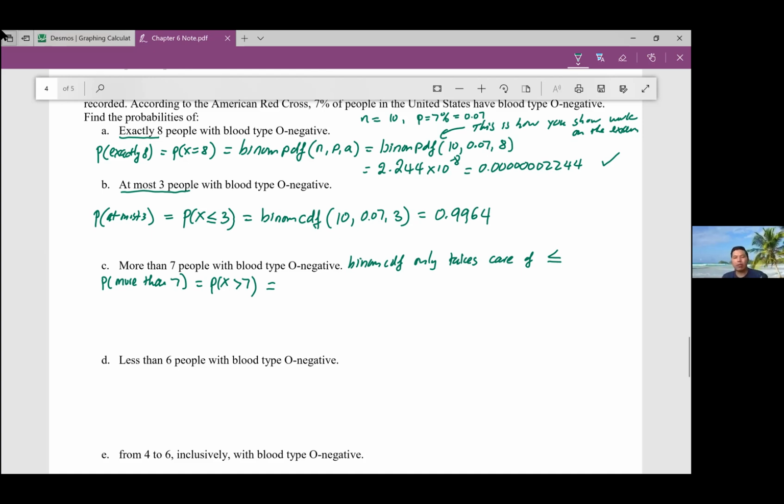So I have to throw away 0 to 7. Make sense? All right. So this is equivalent to 1 minus the probability of x less than or equal to 7, and that I can do with binomcdf. So I have 1 minus binomcdf of 10, 0.07, and 7.